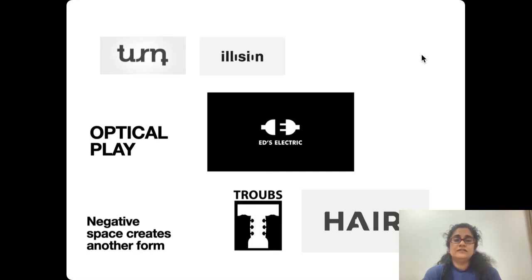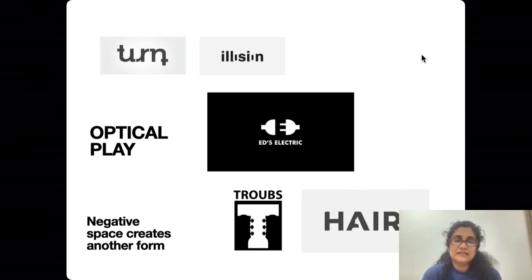And every letter is distinguished only because of the narrow gap in between them, where the R is seen as a separate thing, otherwise those letters would have been read as an M. Now, if you look at the image on the right, it is actually the word illusion. And the letters U and O are only seen because of the use of negative space. The space in between these letters has been manipulated to give the impression that the letters U and O are present when they are actually not.